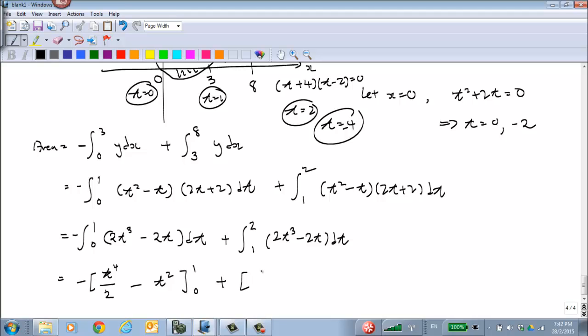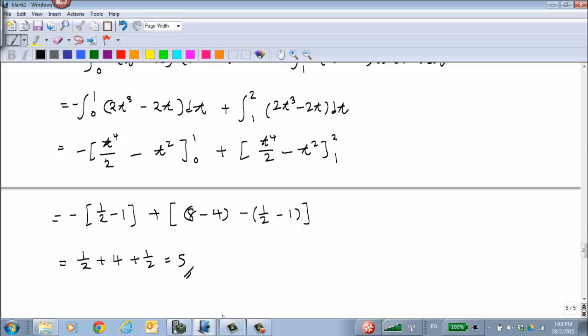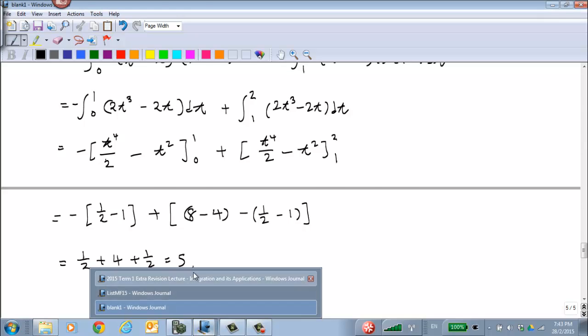The same integration from 0. So from here, what you will have is half minus 1. 2 to the power of 4, it will be 8 minus 4 minus half minus 1. So this will be half plus 4 plus half. This will give you 5, which is the answer given in the answer key.